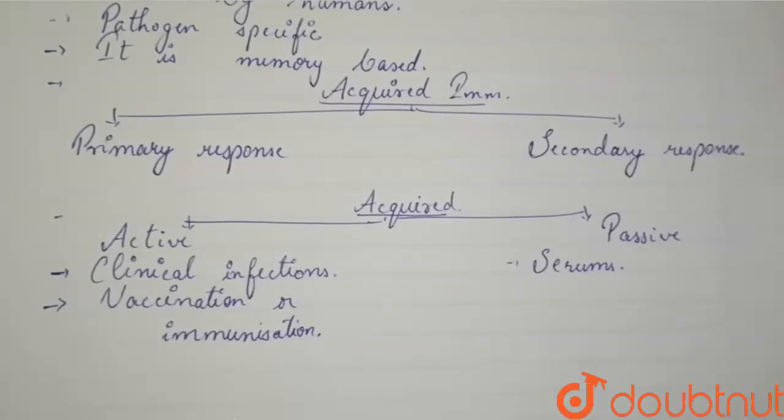When the antibodies are prepared somewhere else, it is called passive immunity. So the antibodies are prepared elsewhere and then injected into the body so that the person does not get infected, and therefore does not get a disease. So these were the ways by which a human can obtain acquired immunity.